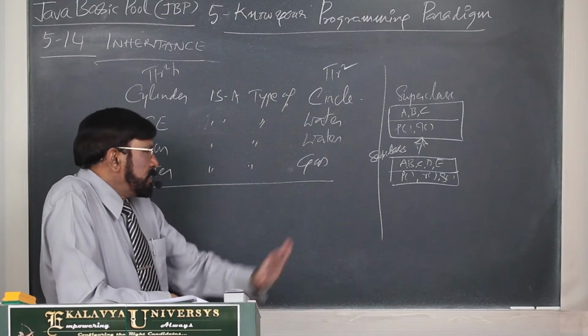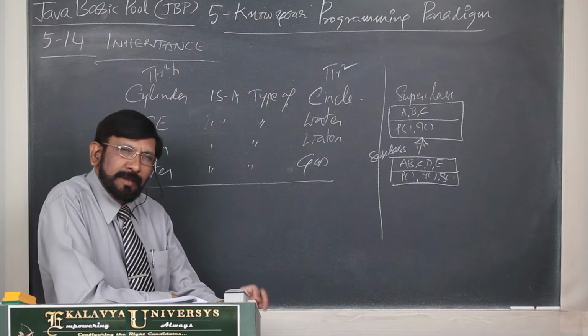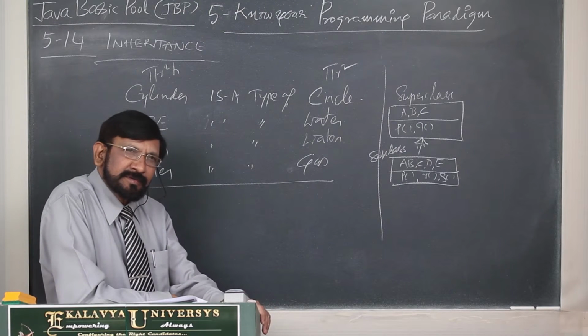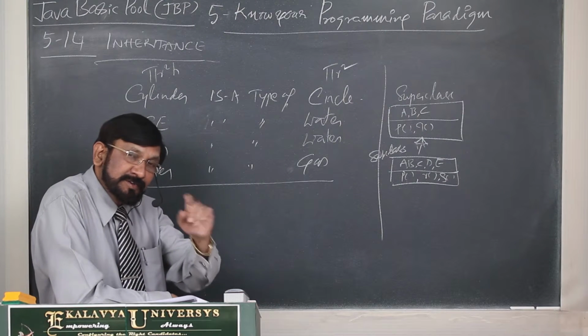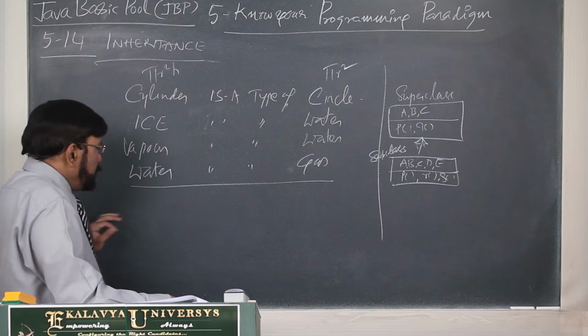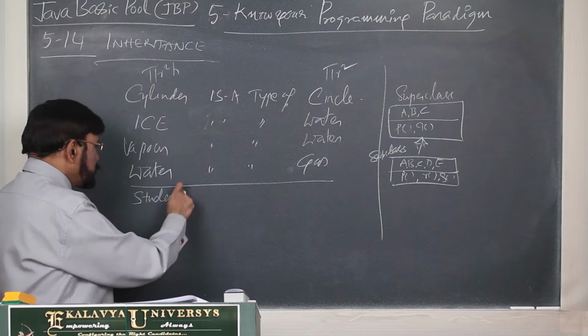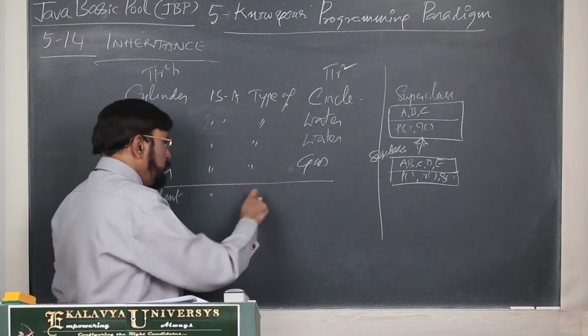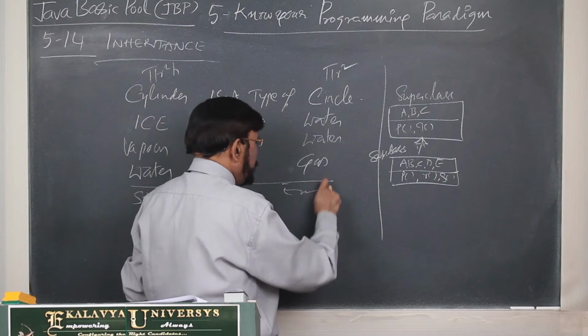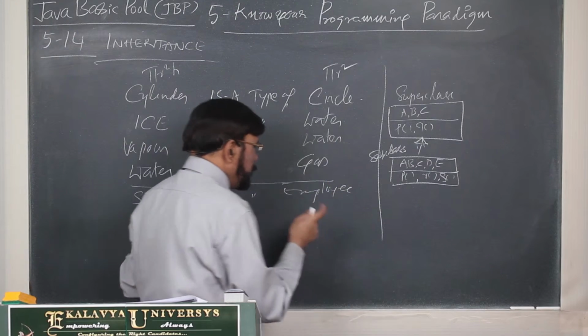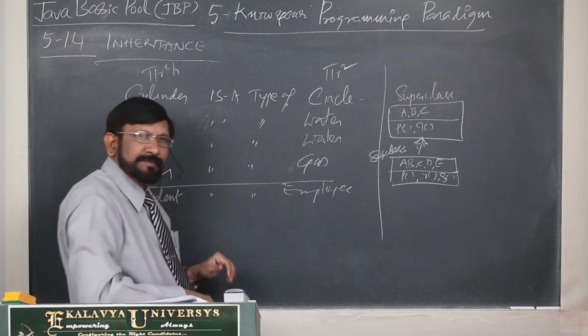Now you have to understand where an is-a relation is not there. Suppose student is a type of employee. Why are you tempted to take this decision?